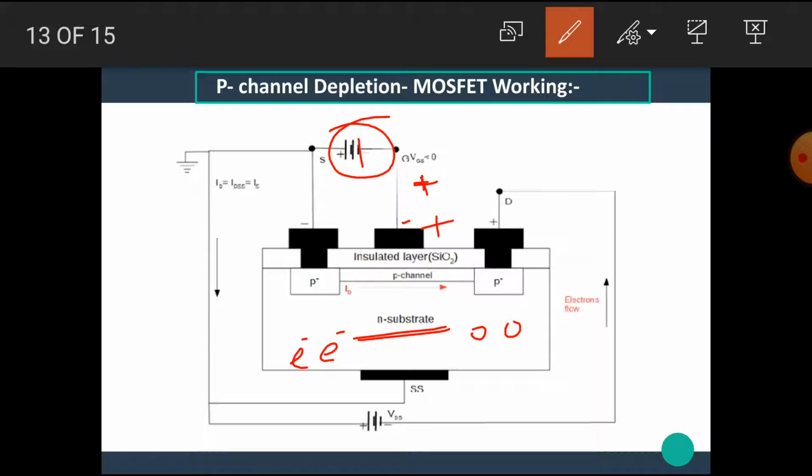This positive supply attracts these electrons in the channel and holes are repelled due to the positive repulsion. Hence, that means the holes are depleted and the electrons are gathered across the channel. Due to this, the current from source to drain is decreased. That means as we increase the positive gate voltage, the current ID decreases.